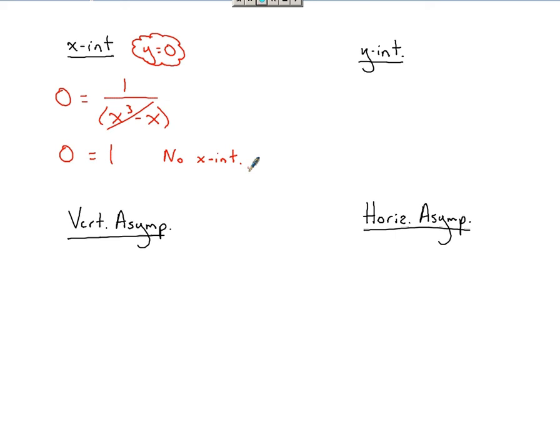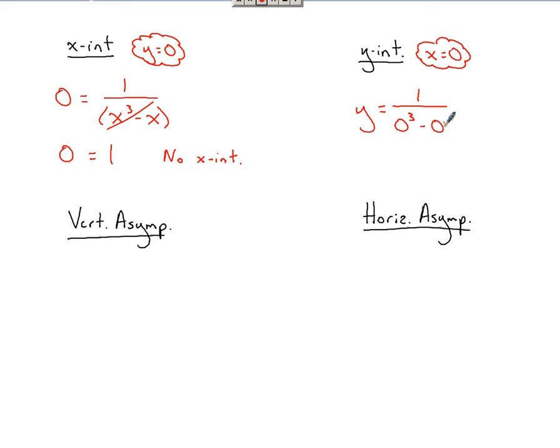On the y-intercept side, we're looking to see where x equals 0. All right, so where x equals 0, we might have an idea where this is going already because of the results we got back on the chart. But f of x or y equals our original function, which was 1 over x cubed minus x. If I'm replacing those x's with 0, I've got 0 cubed minus 0 in my denominator, meaning I've got 1 over 0, right?